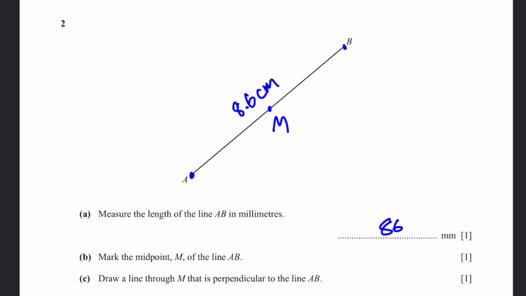Without changing the compass length, draw two arcs from point A above and below the line AB and do the same thing from point B, like this. And now simply connect the dots formed by the two arcs' intersections on both sides. That's the answer.